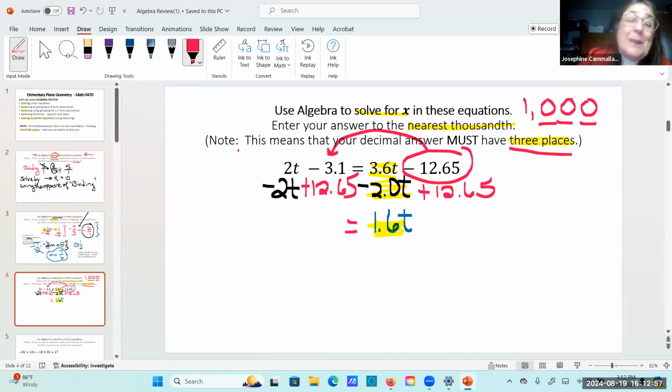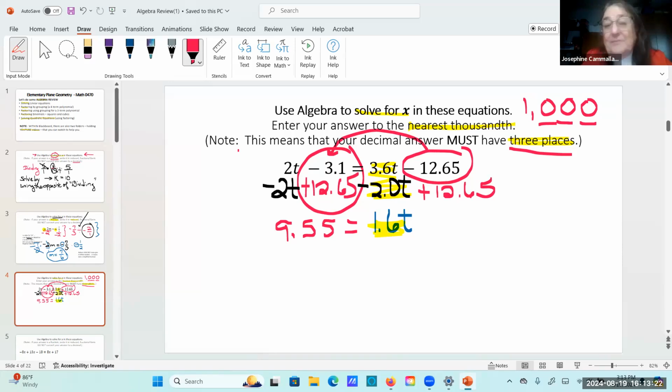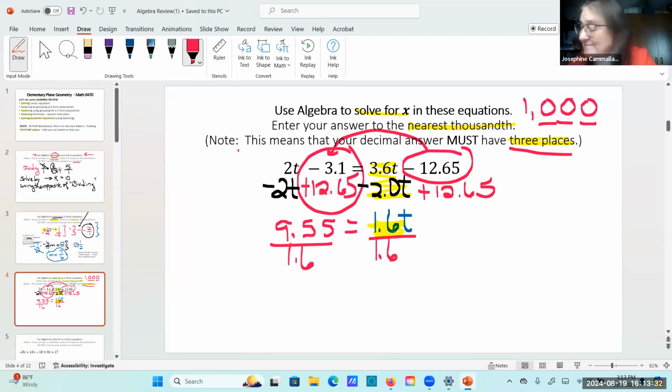Now, be careful here. You have a positive and a negative number. So therefore, we are subtracting to get a positive 9.55. Okay. And then I divide by 1.6.